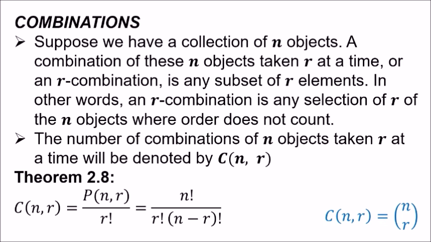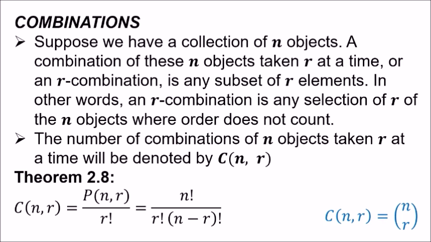And we have here the formula of the combination in theorem 2.8. The combination of n taken r actually equals the permutation of n taken r divided by r factorial, and that is equal to n factorial all over r factorial times the quantity of n minus r factorial.